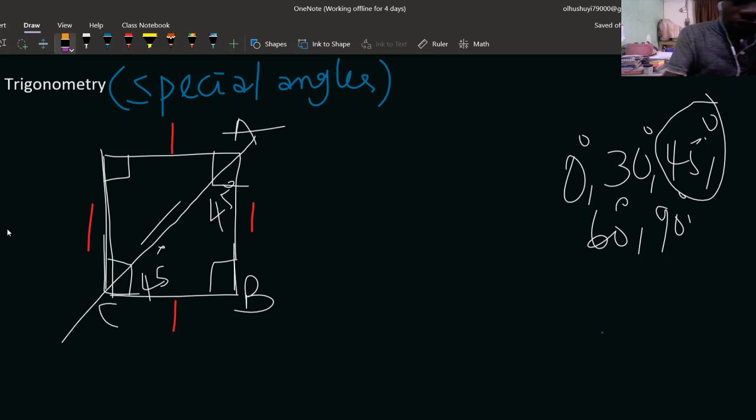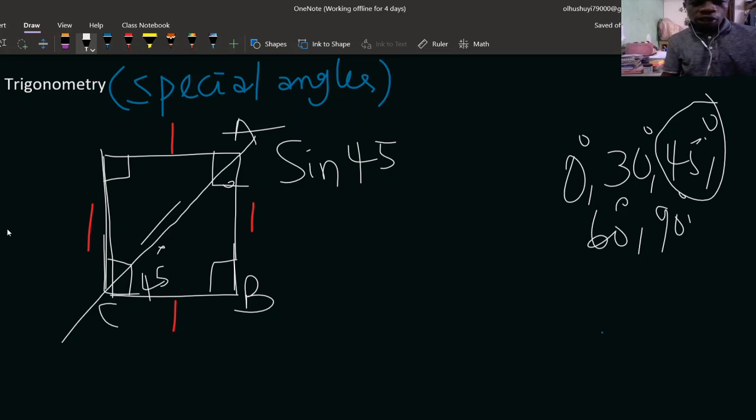I'm using 45 now as the angle, so sine 45. Let me not confuse you.